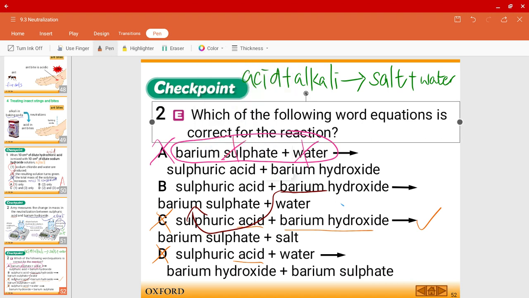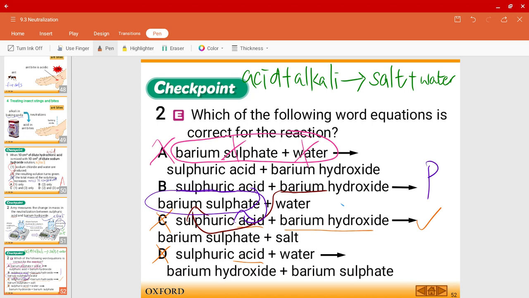You check the first name of the acid, which in this case is sulfuric, and you put it with the second name of the salt, in this case sulfate. So from this we can verify that yes, indeed this is the salt of these two acids and alkali. So the correct answer in this case is B.